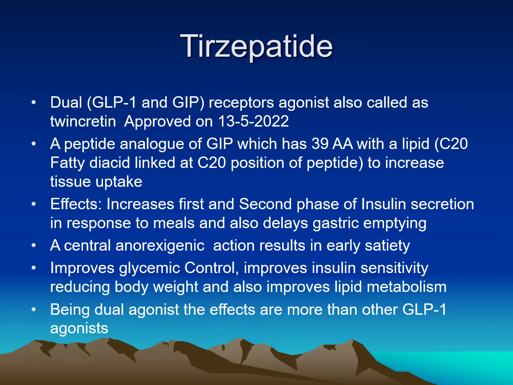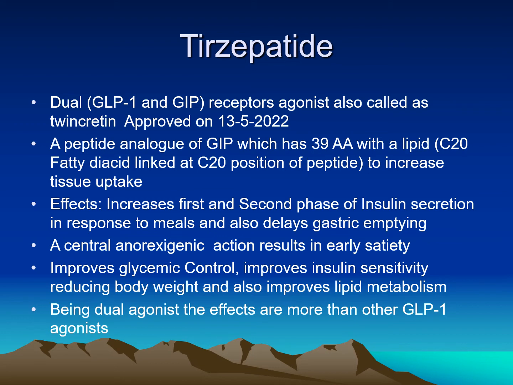Tirzepatide has been approved this year, May 2022, and this agent is the first example of a dual receptor agonist, that is, it acts on GLP-1 receptor and GIP receptors in the gut, and this is called a twincretin.